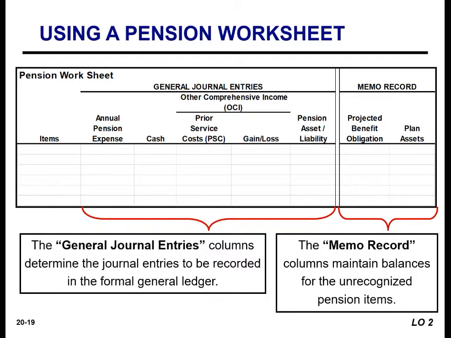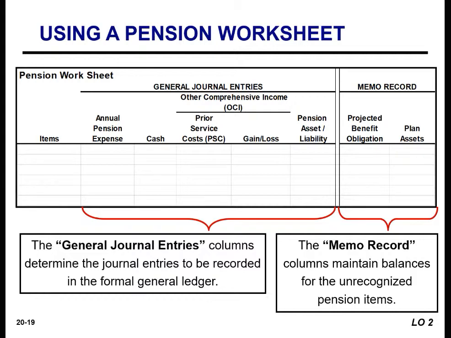The right side, the memo record columns, maintains balances in the projected benefit obligation and the plan assets. The difference between the projected benefit obligation and the plan assets is the pension asset/liability, which is then reported on the balance sheet.